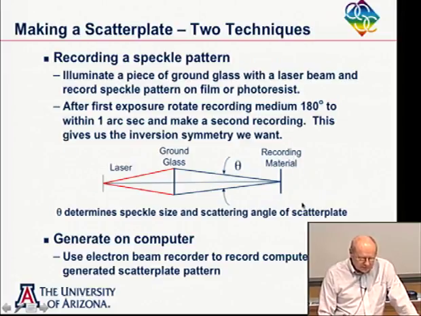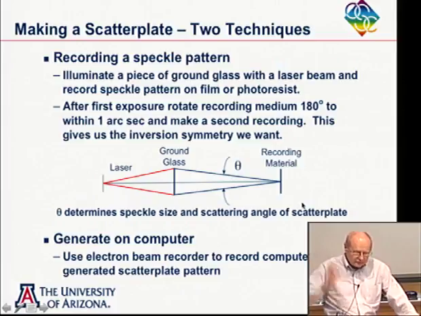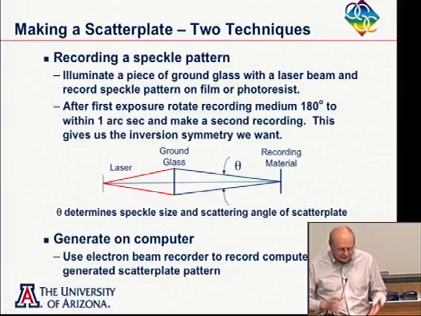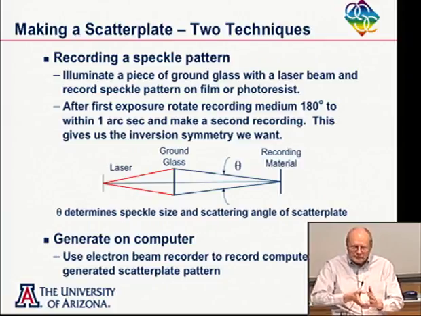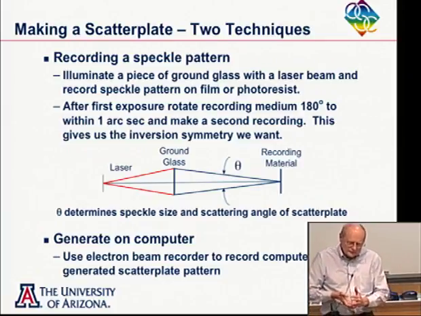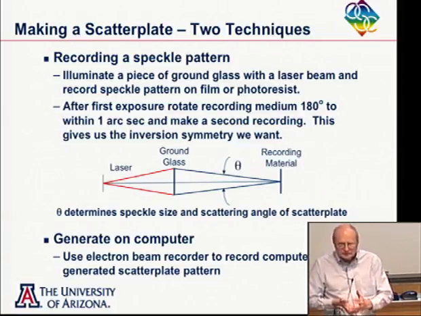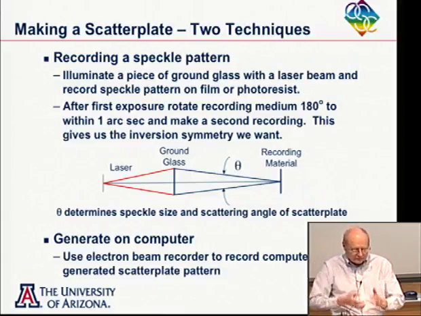Now, maybe you think, I've told you before, I hate mechanical things. Rotating something 180 degrees to within an arc second, to me sounds like money, okay? Because you have to have some fancy mount or something.